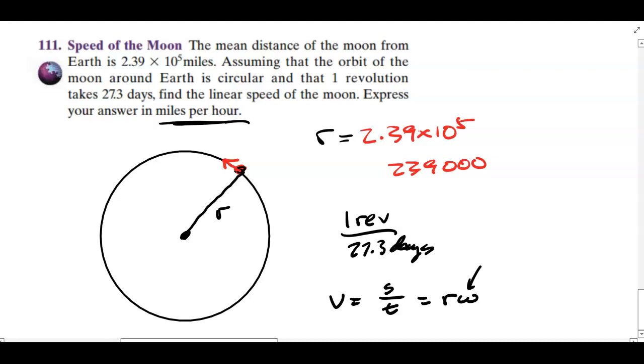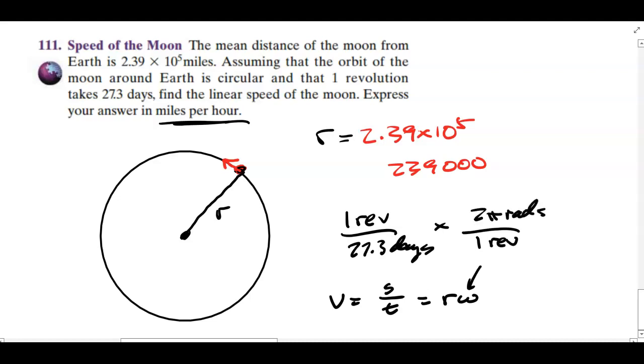Well, anytime they give us how many revolutions in a certain amount of time, you can get w out of that, because that's how fast you're moving around something in an angle sense. So when they talk about revolutions, w is involved, okay? So 1 revolution in 27.3 days, you multiply that times 1 revolution is 2 pi radians.